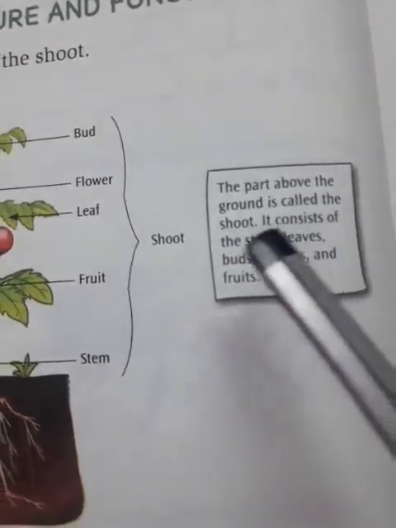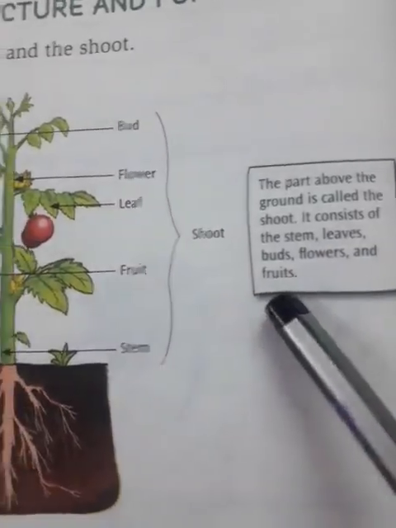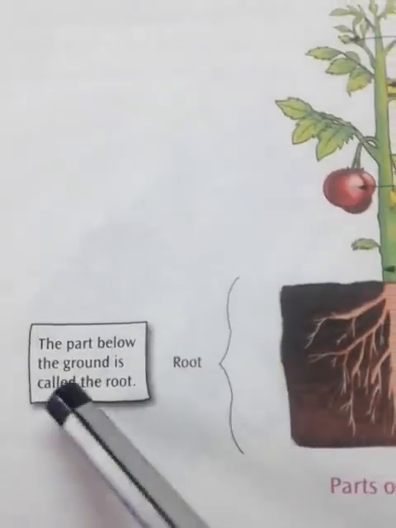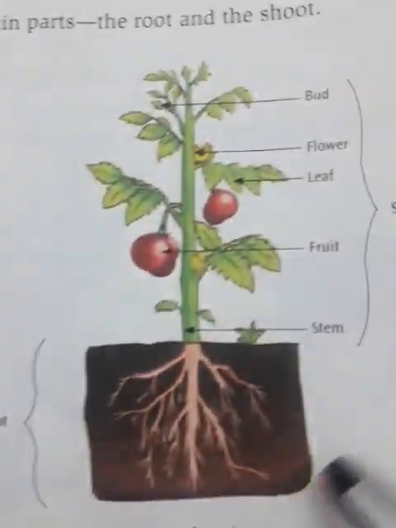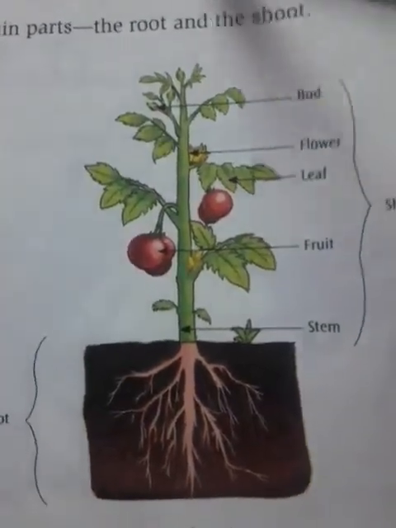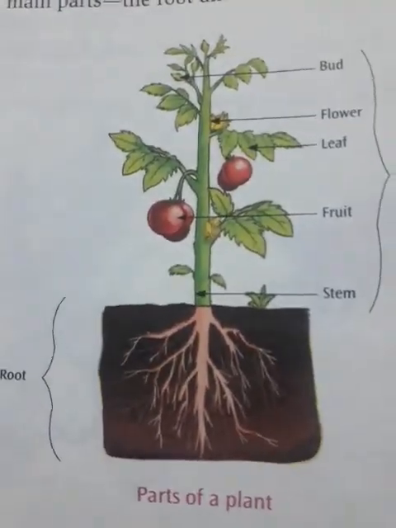It consists of the leaves, buds, flowers and fruits. And this is the root part. The part below the ground is called the root. So this is the structure of a plant, and you can see the different parts of a plant here.